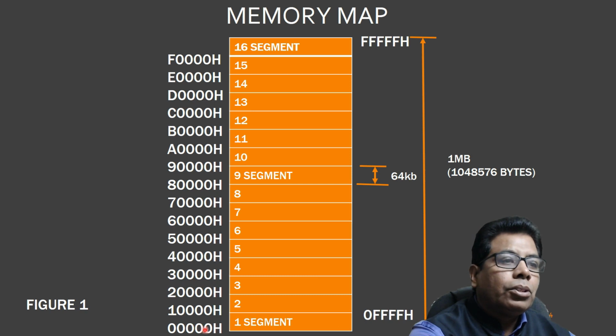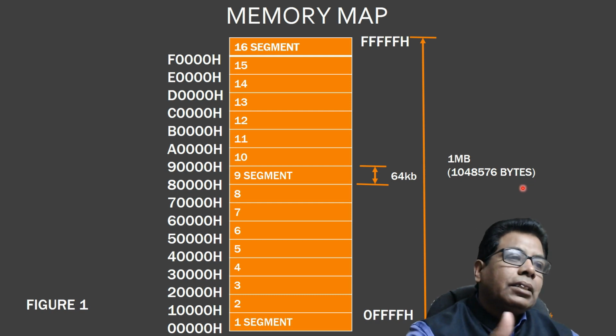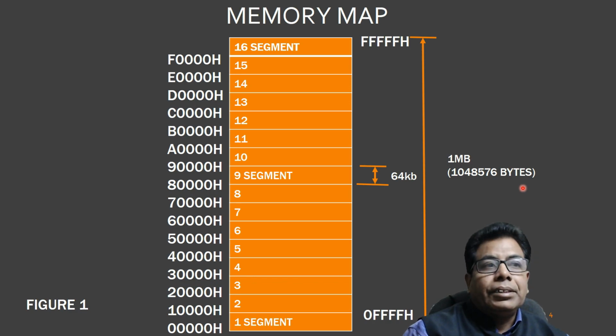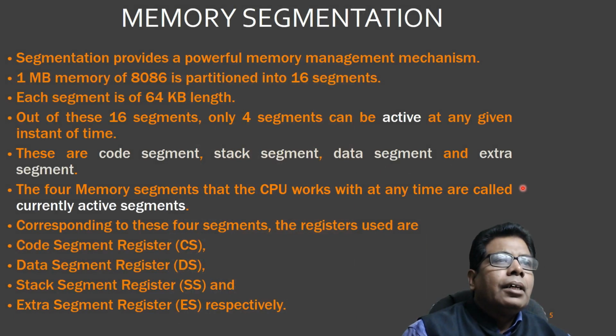Then from 00000H to FFFFFH, the total memory space is 1 MB or 1048576 bytes. So this is the actual physical memory of 8086. Then let us go further and see what is memory segmentation.